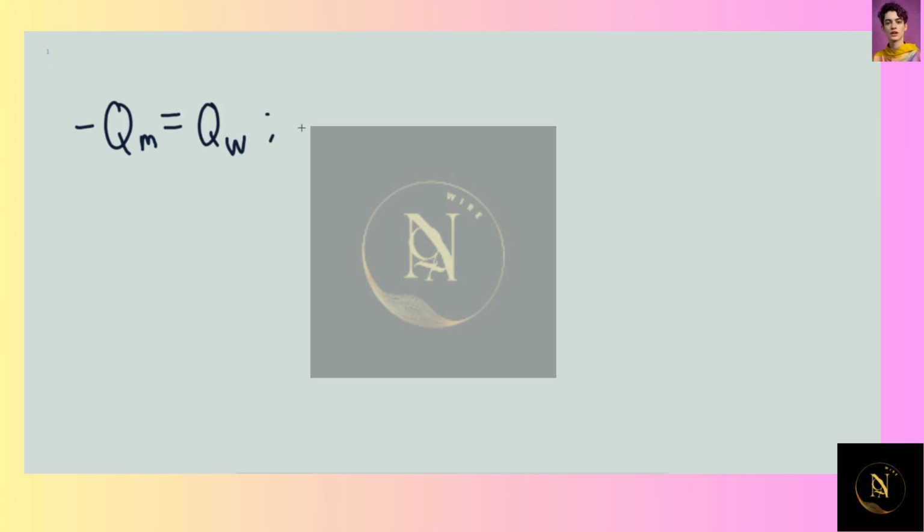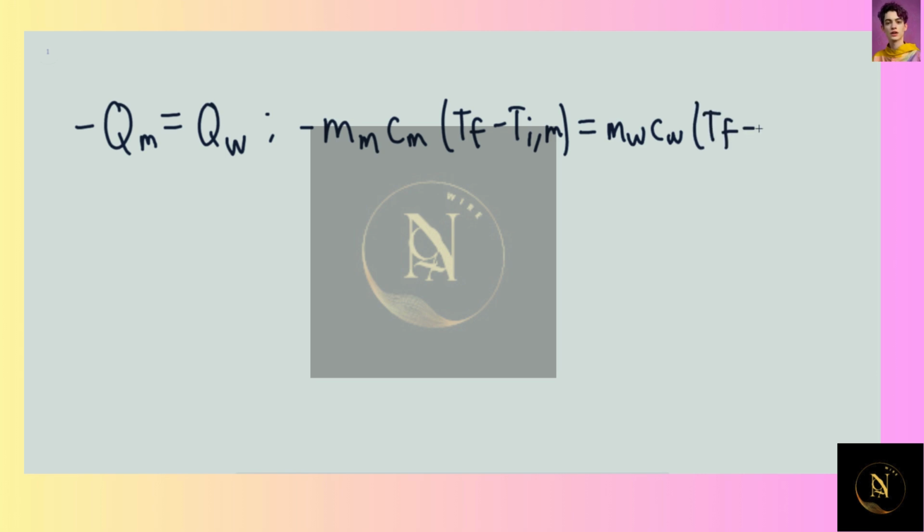So we can say that negative m, the mass of the metal, times the specific heat of the metal, times the temperature final minus temperature initial of the metal, is going to be equal to the mass of the water times the specific heat of the water times the temperature final minus the temperature initial of the water.